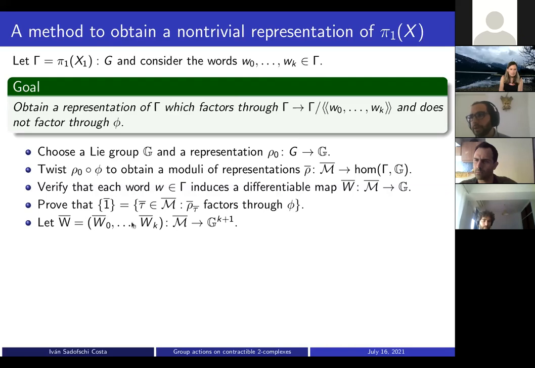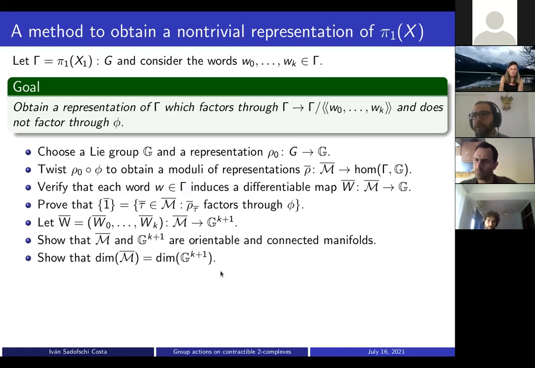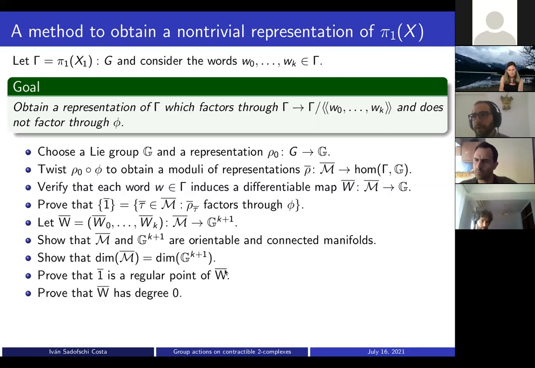And then we can consider this map here, whose coordinates are the maps induced by these words Wi. And if we have some luck, M bar and this power of G are orientable and connected manifolds of the same dimension. So we can consider the degree of this map W bar, and maybe we can prove that one bar is a regular point of this map and that this map has degree 0.